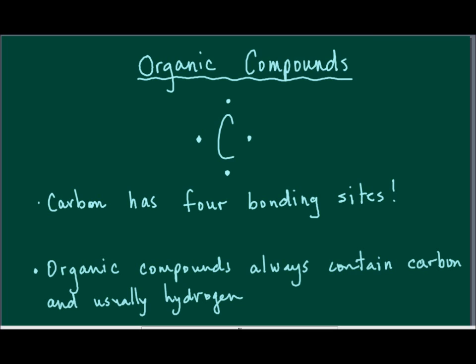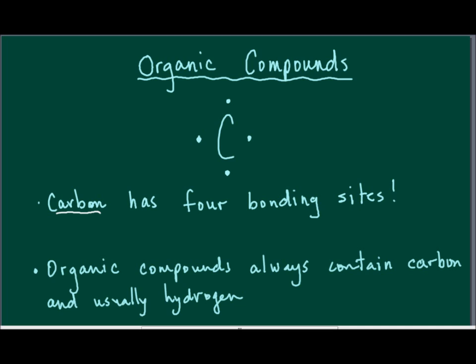Organic compounds are all about carbon. Carbon is the magic ingredient in organic compounds, and it's a good thing that carbon acts the way it does, otherwise there'd be no life on Earth. Most living things on Earth are carbon based, and that includes us.